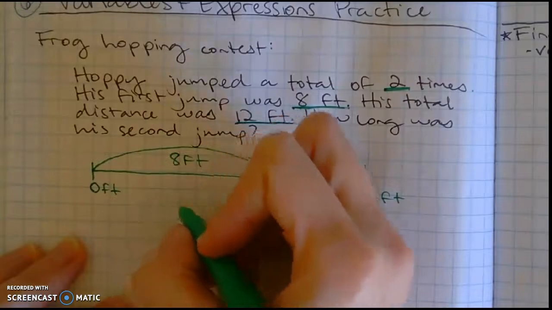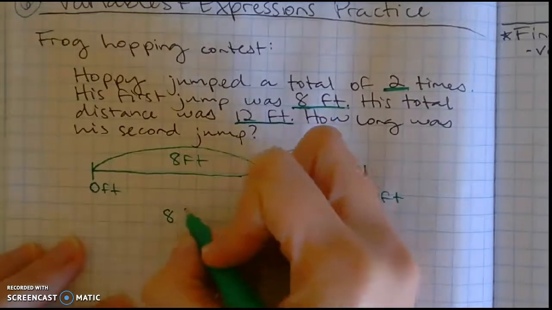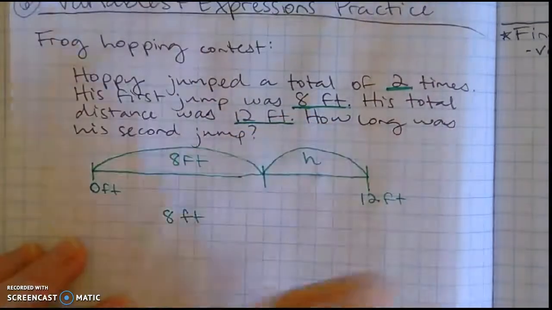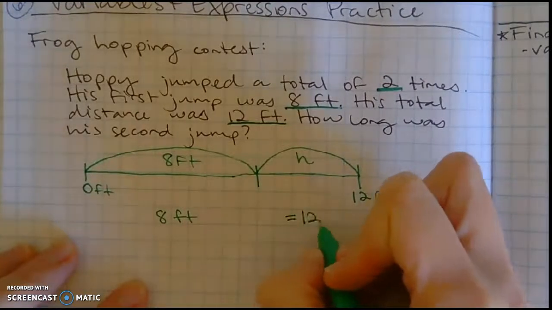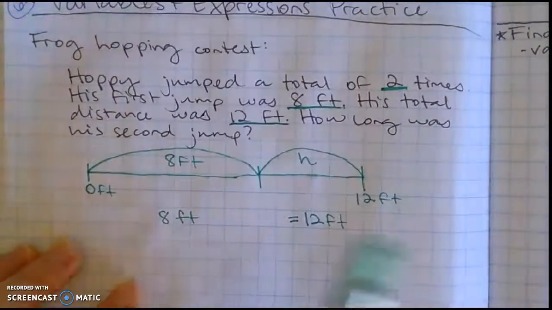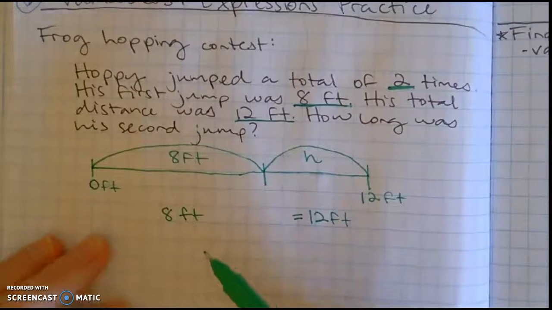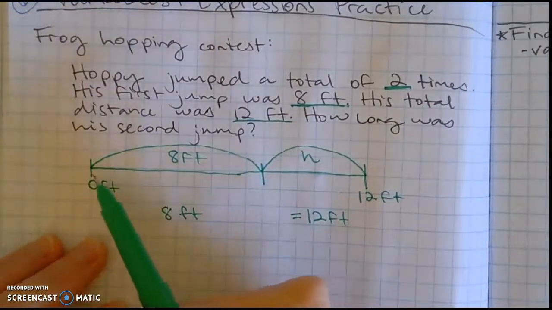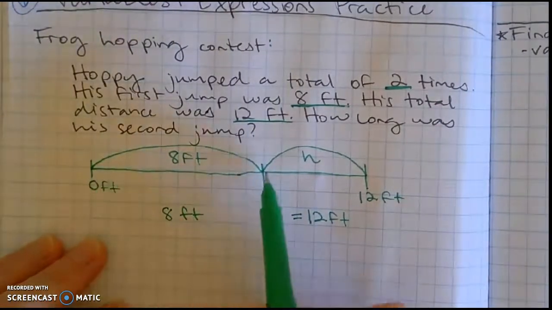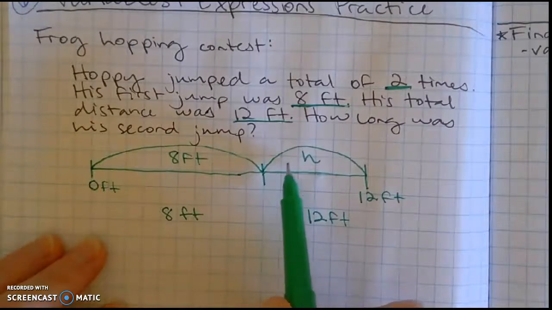So I know I hopped 8 feet. And I know that I got to 12 feet. So you might be saying, well, what operation would I use, Mrs. Grossen? Well, I want you to think, going back to our integers and number lines, what way am I moving?